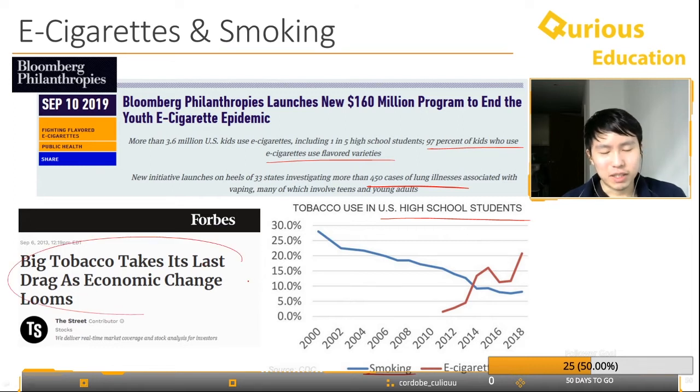And this article basically looks at how profits from cigarette companies might actually decrease because of the trend of an increase in the number of people vaping. And I think some tobacco company has managed to acquire and buy out some e-cigarette companies as well in order to maintain their profitability.